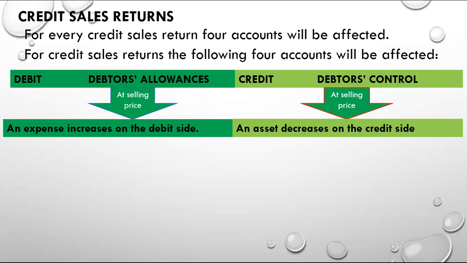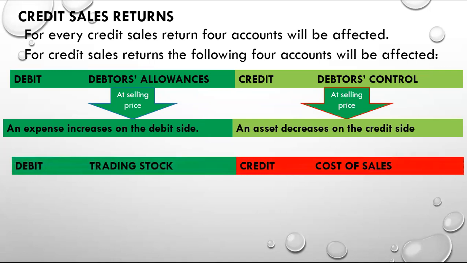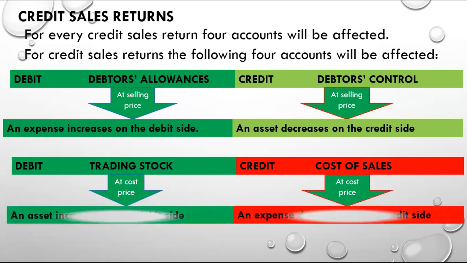Remember the other 2 accounts, we normally debit cost of sales when we sell, we credit trading stock. The reverse applies when the debtor returns goods. We will debit trading stock and then credit cost of sales. You got it?